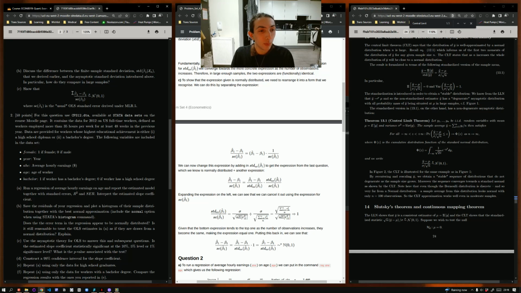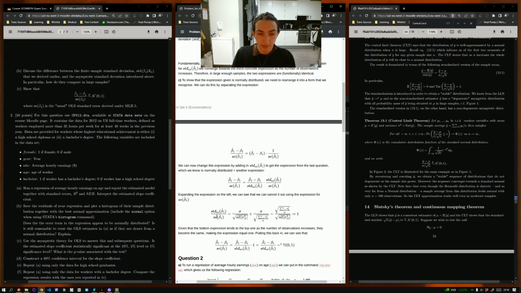Anyway, we want to make this into something easier. So what I've done is I separated it out into the numerator and denominator. Then you could essentially just times both sides by the asymptotic standard deviation. I separated it out and then sort of times both sides. We know that this one is already normally distributed. We need to find the value of this one.